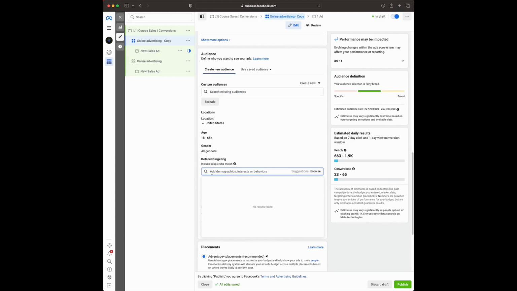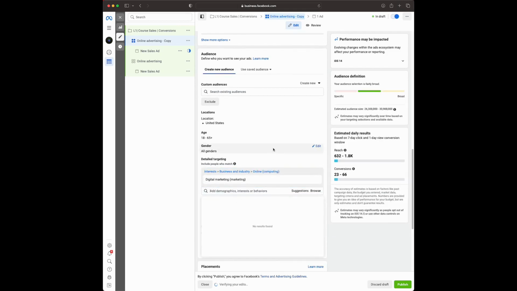Layer 1 was something that is directly related to your product or your service. Layer 2 is going to be something that is closely related to your product or service. So it's not directly related to it, but it's still similar and it's still close to it, right? Something we can use, if I'm still trying to sell my course, is digital marketing.